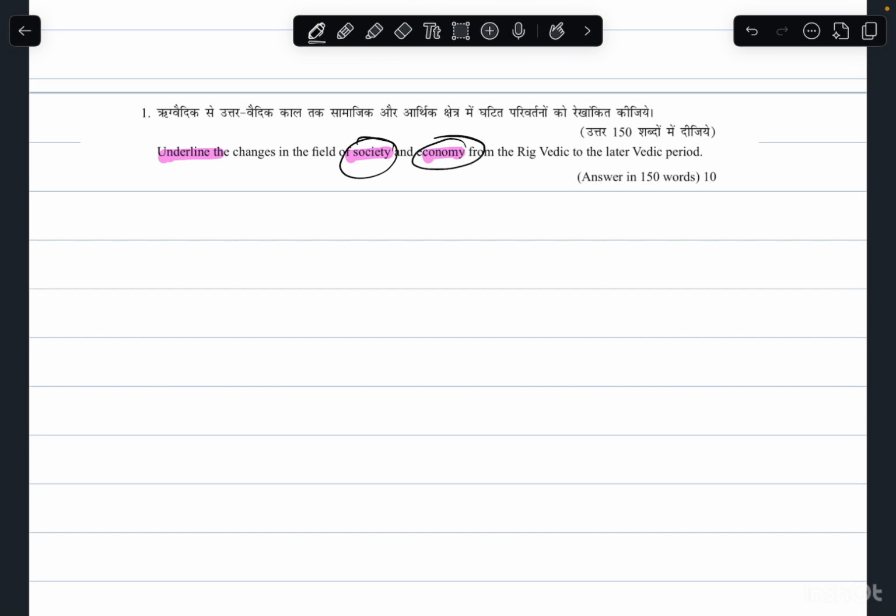So if we start, we all know it should be with the intro. Look, this is something everyone needs to prepare for themselves. Everyone has their own style of writing, not only for the intro, even for answers. So if I have to write this answer, I will say: the transition of the Rig Vedic period to the later Vedic period.